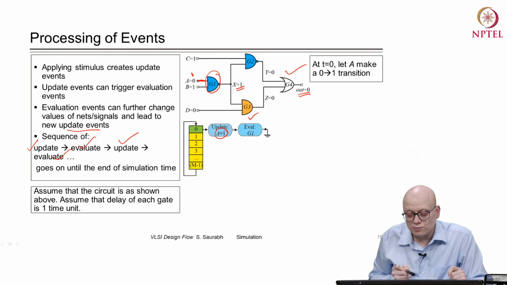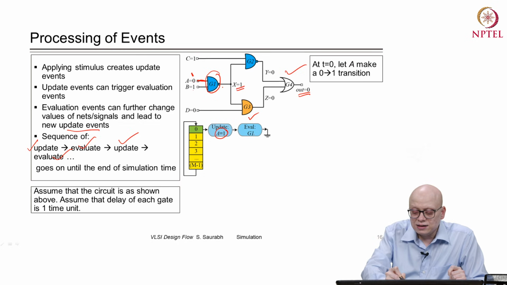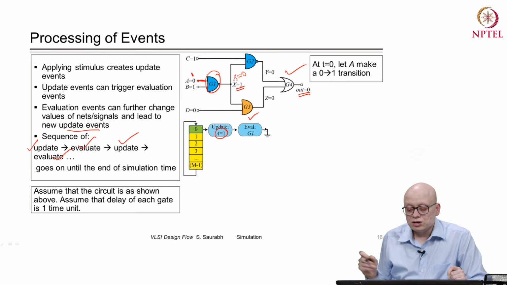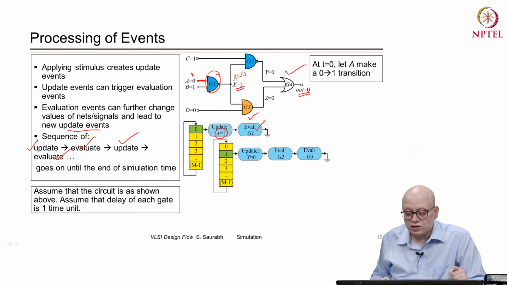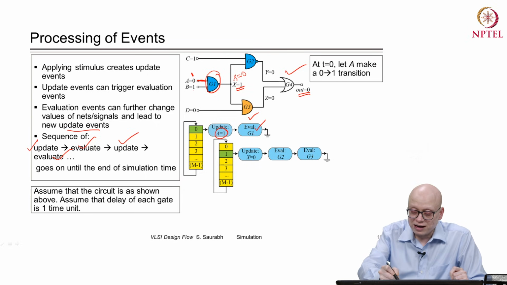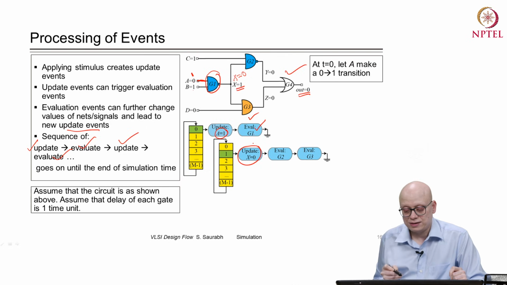When A became 1, this is a NAND gate, both the inputs are 1 and therefore x will become 0. So, when the evaluation event on G1 is processed, an update event on x will be created because the value of x was 1, now it has changed to 0. So, update x is equal to 0 is created.